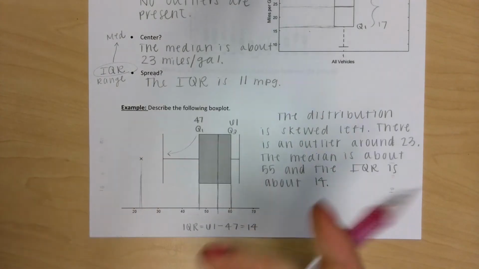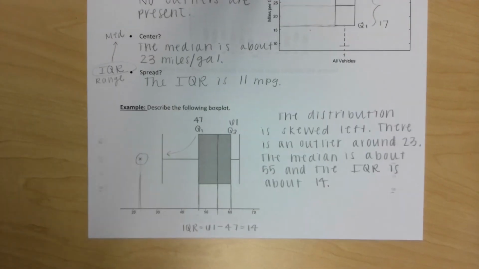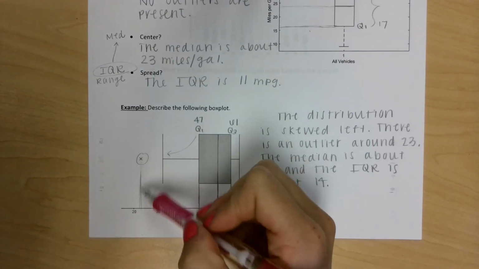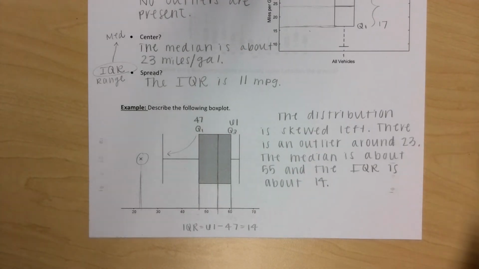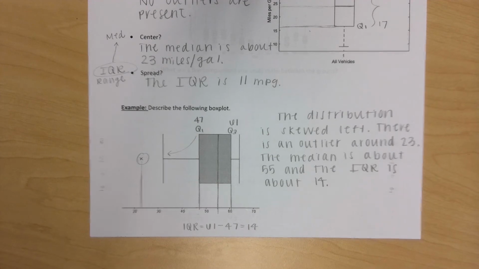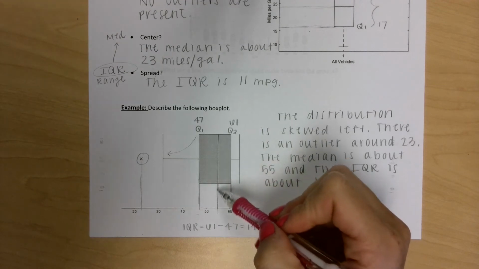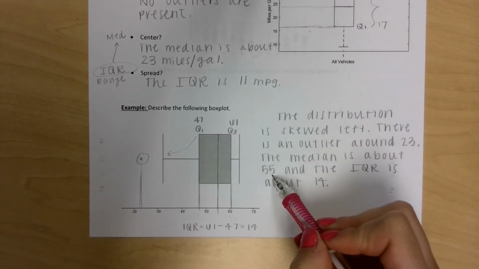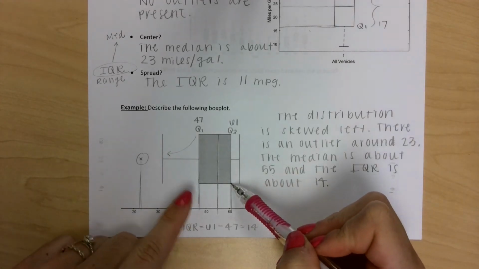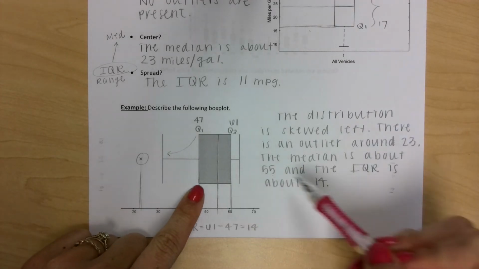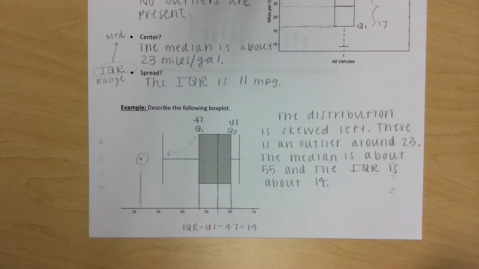They show you this little X that's representing our lower outlier, and my estimate was that it's around 23. Notice that I don't have any units there because no units were given to me in the box plot. I then listed my median, which was the center line. Again, I'm guessing it's around 55. And to find the IQR, I took my Q3 minus my Q1, and I got around 14.